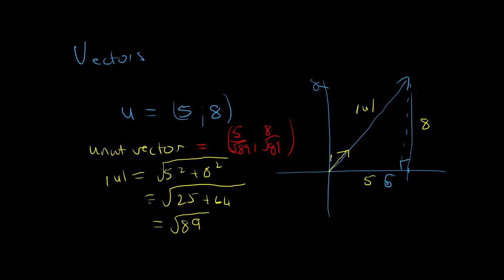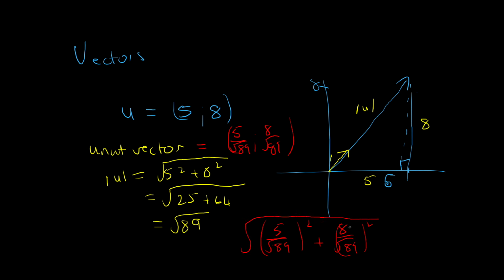So you can test this quickly. I'm just going to show you now. Let's check the magnitude of this unit vector. It's going to be the square root of 5 over square root of 89 squared, plus 8 over square root of 89 squared.